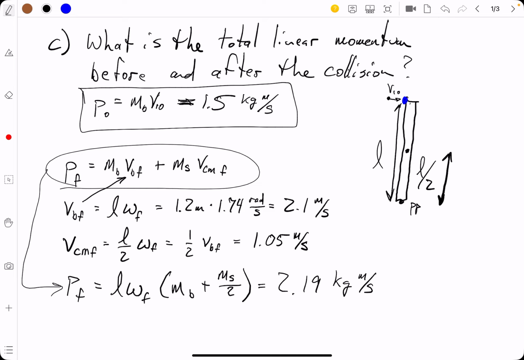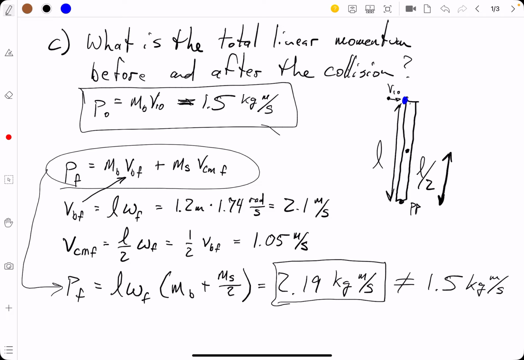Okay. So, was linear momentum? Let's think about this for a second. Was linear momentum conserved? Well, this does not equal 1.5 kilogram meters per second. Okay?